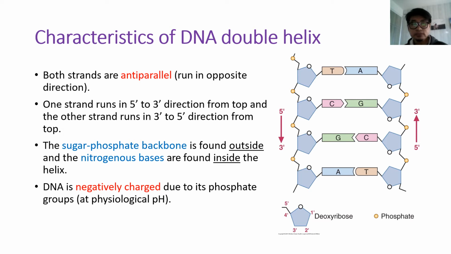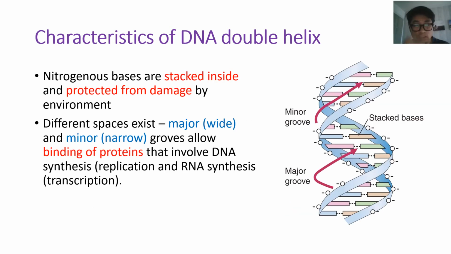Most importantly is the DNA charge. DNA is negatively charged because of the phosphate groups on the DNA. The other characteristic of the DNA double helix is that the nitrogenous bases are inside and protected from damage by the environment.